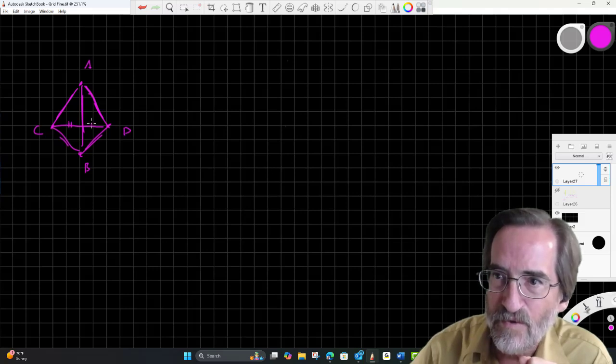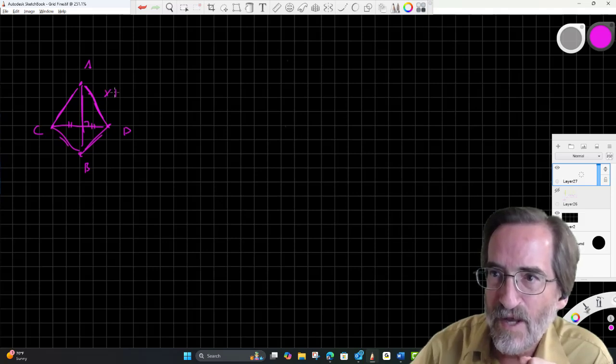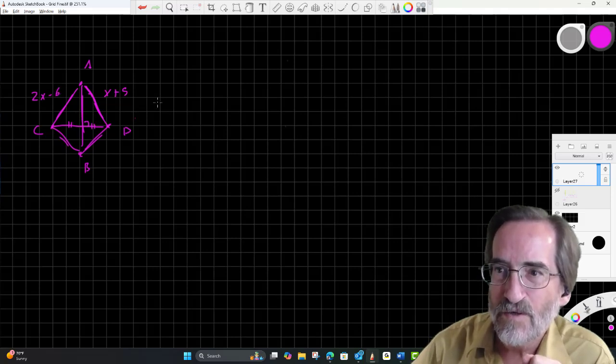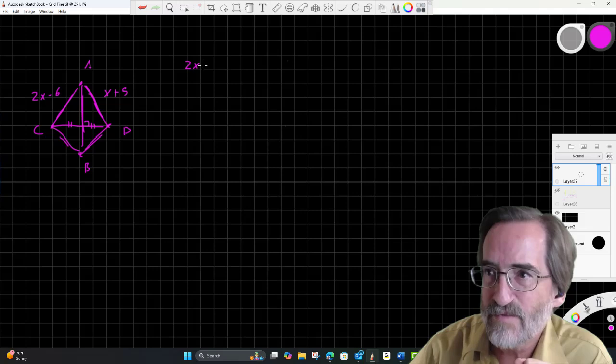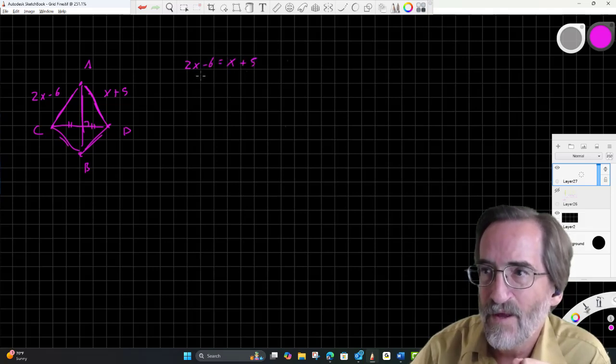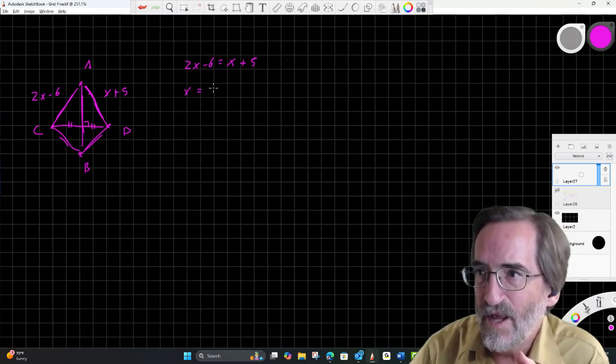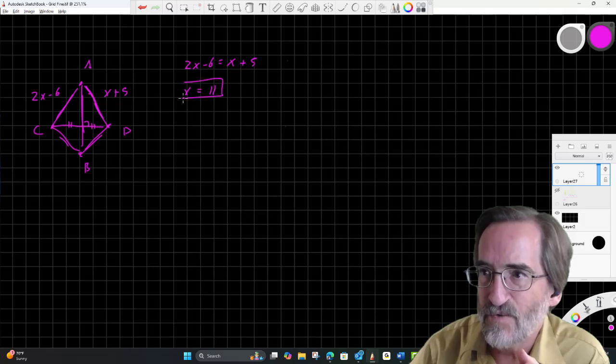So these are the same and these are right angles. And let's say this is x plus 5 and this is 2x minus 6. You know that these are equivalent, that 2x minus 6 equals x plus 5. Solve by subtracting x from both sides and adding 6 to both sides, and you get x equals 11.